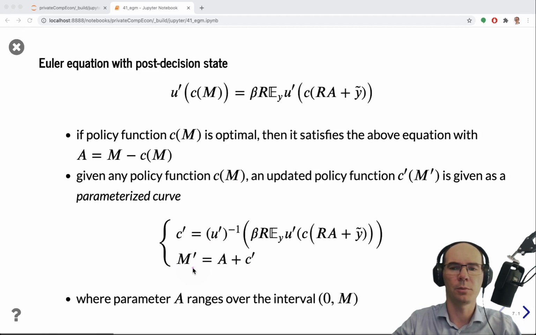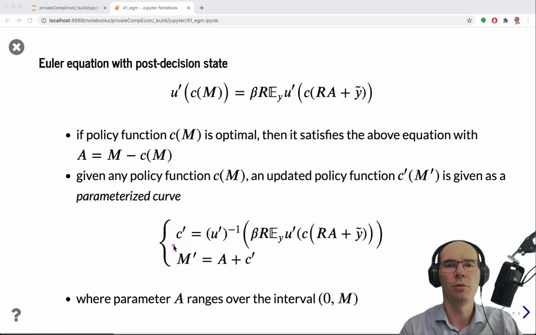And so look at what we have now. We can go from some function that tells us how much to consume for a given value of wealth M, some policy function C of M, and plug it into this inverted Euler equation, and then we have both C prime and M prime, where primes mean updated, right?